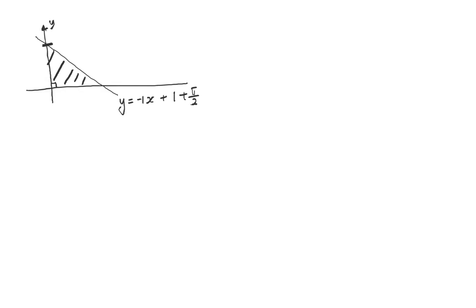Am I right? 1 plus pi by 2. And this is the x-intercept. So the x-intercept is what? Also 1 plus pi by 2, am I right? y equal to 0, negative x equal to 1 plus pi by 2. So your x-intercept is also 1 plus pi by 2.